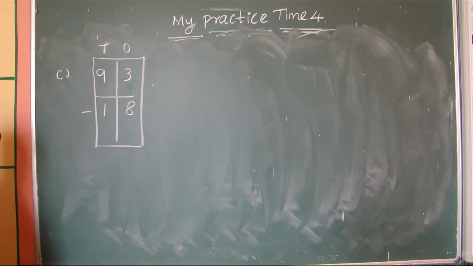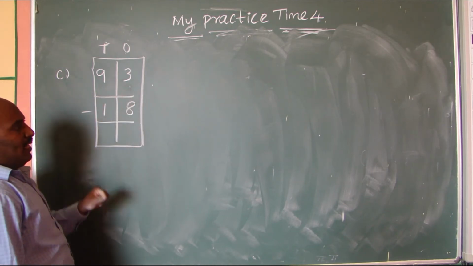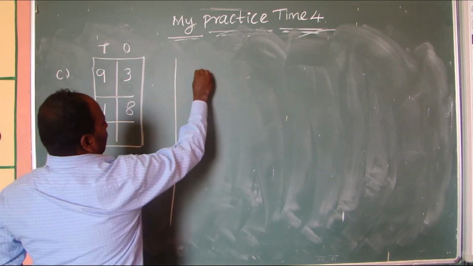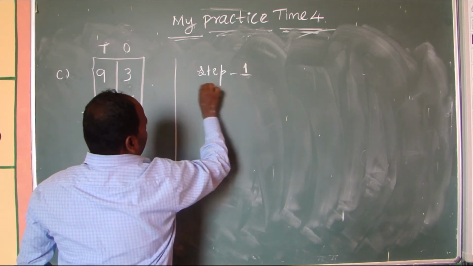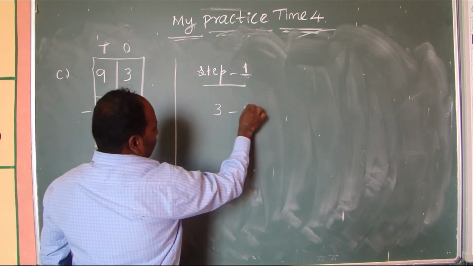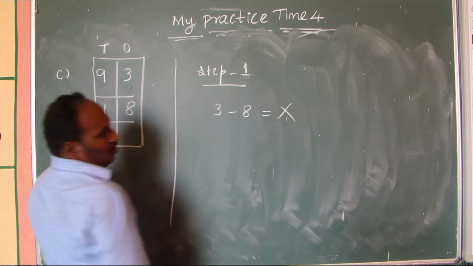First we solve the ones place. Here the ones place is 3 and 8. 3 minus 8. Step 1. 3 minus 8 is not possible.